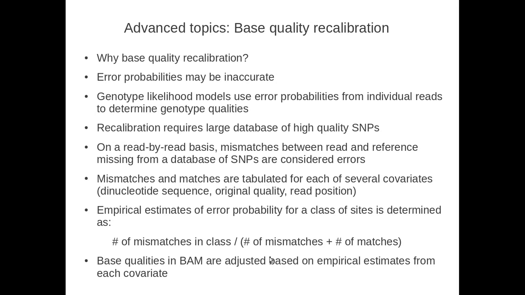We need a large database of SNPs in order to do the recalibration. These are some details that I won't go into because this is really an advanced topic. It's something that we've worked with extensively at NYU and tried to build into our pipelines. Although I will add the caveat that for non-human data, this doesn't work very well, simply because we don't have this large database of SNPs, which is necessary to come up with the empirical estimates of the error probabilities.